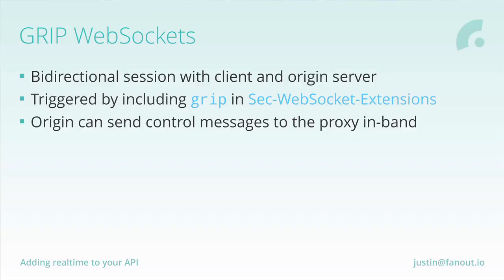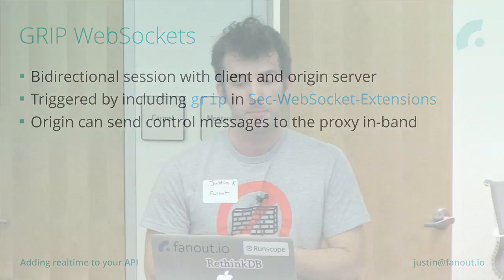All right, so that was HTTP. GRIP also works for WebSockets, though. The way this works is the backend negotiates a special GRIP extension. What it's basically saying is, I want the proxy to take over and allow pushing to be injected into open WebSockets.